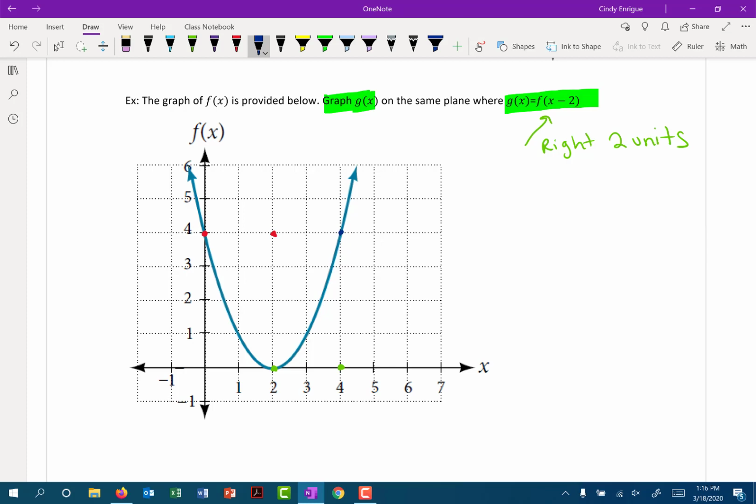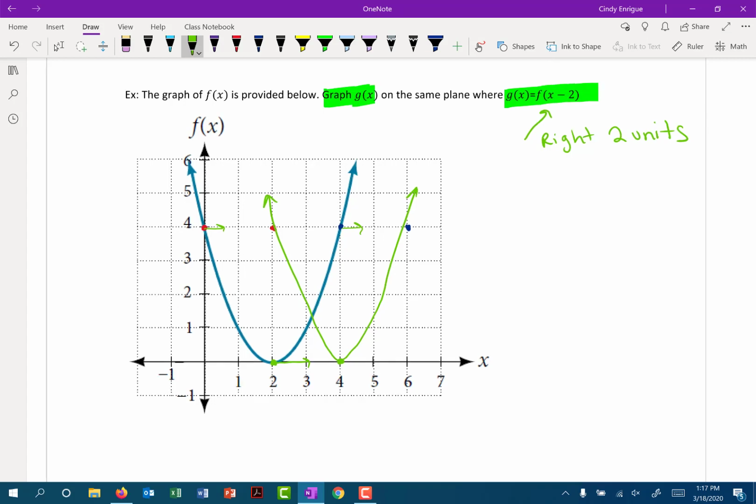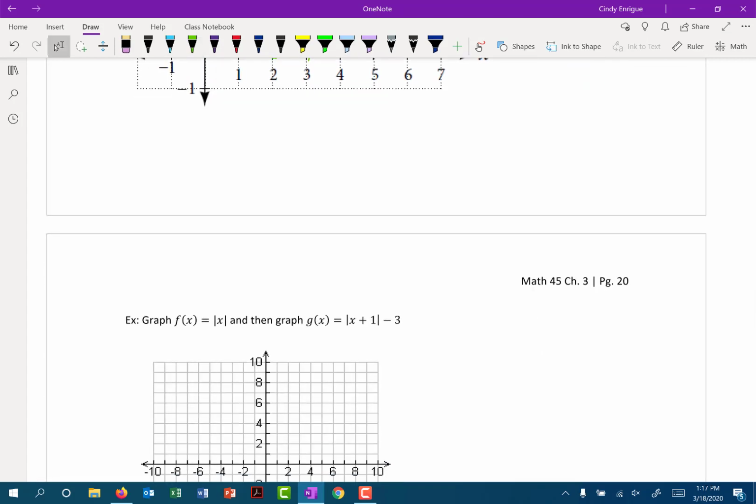So I'm going to be going over to the right 2 units. So now I'm going to have my graph with these 3 points. So that green graph shows that everything got moved over by 2 units. That is going to be my new g of x, which was f of x minus 2. Okay, well, let's continue on in this path.